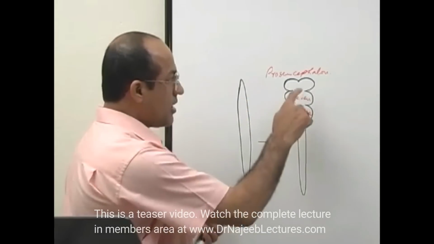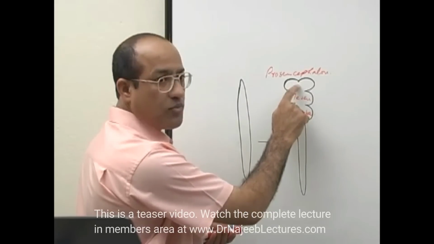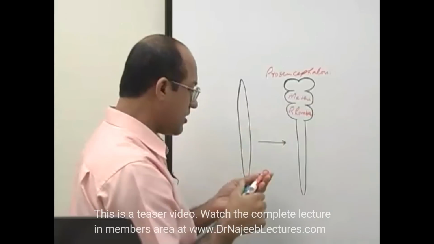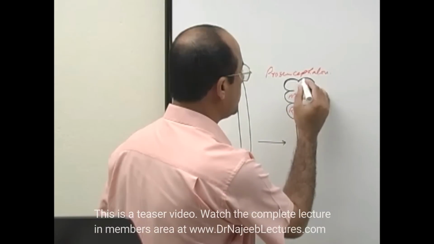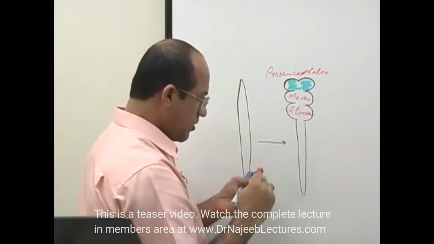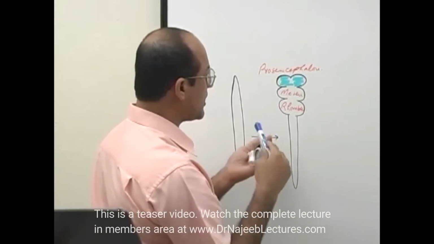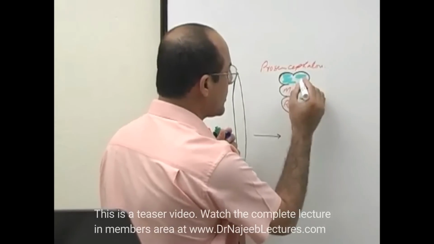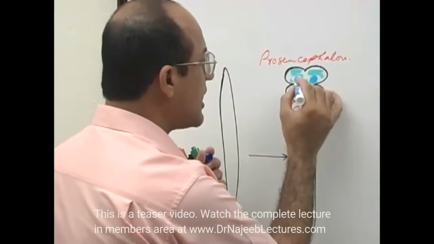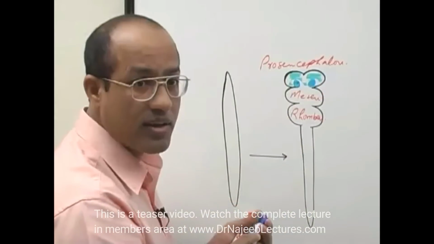Now, later on, this prosencephalon further develops, and let me show how it develops. Let's suppose that this is the prosencephalon. For further development, the deeper part of the prosencephalon develops less, but the outer part develops more rapidly.